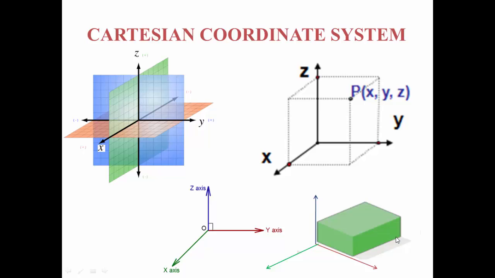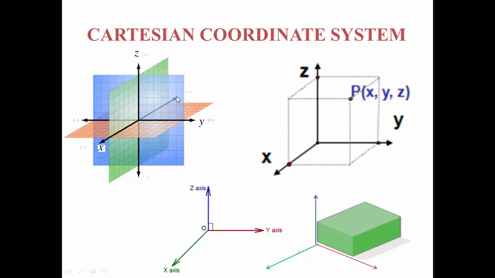The length of the box indicates the x direction, the width indicates the y direction, and the height is the z direction. If you want to mark a point P anywhere in this rectangular object, we require three movements to find it.